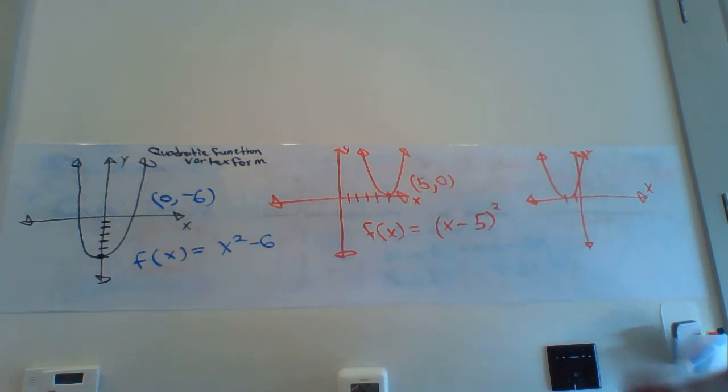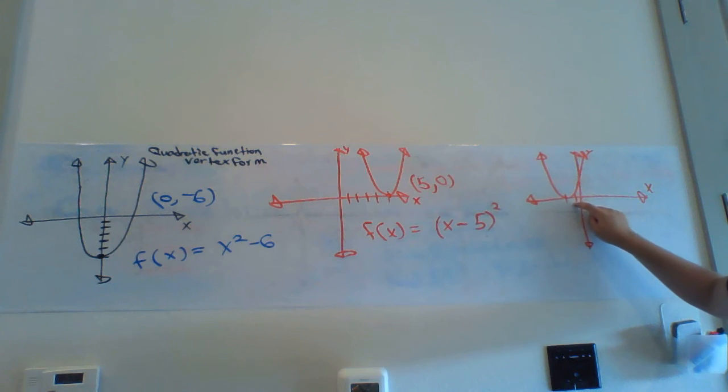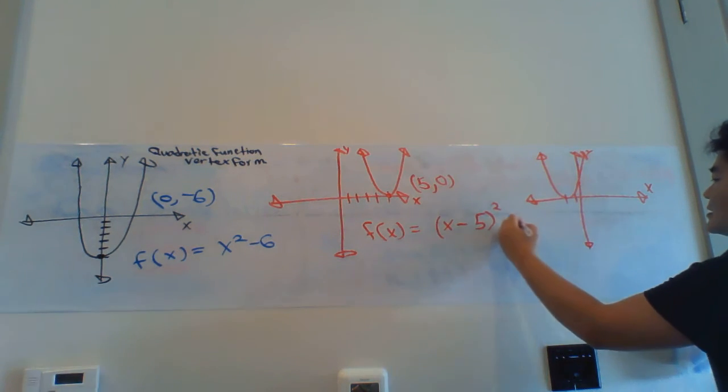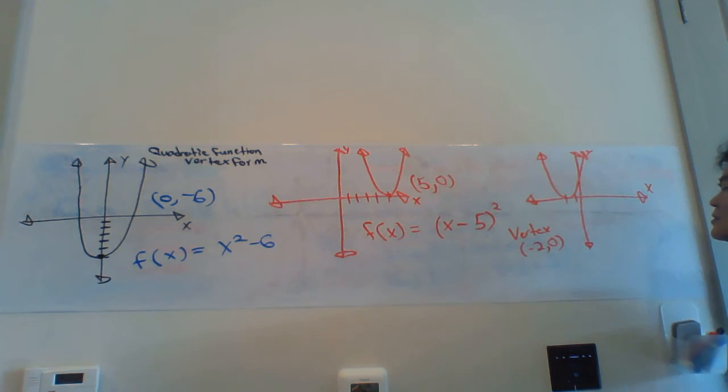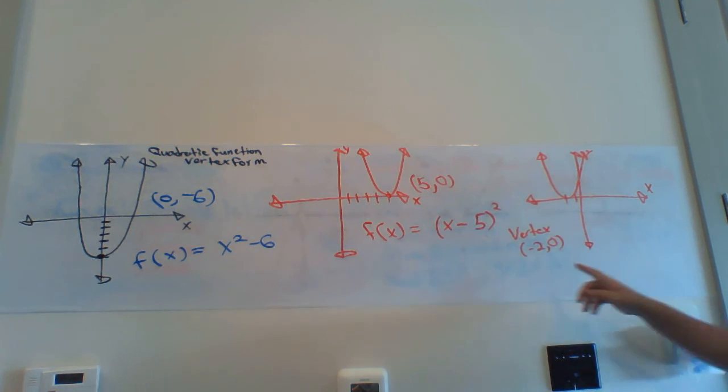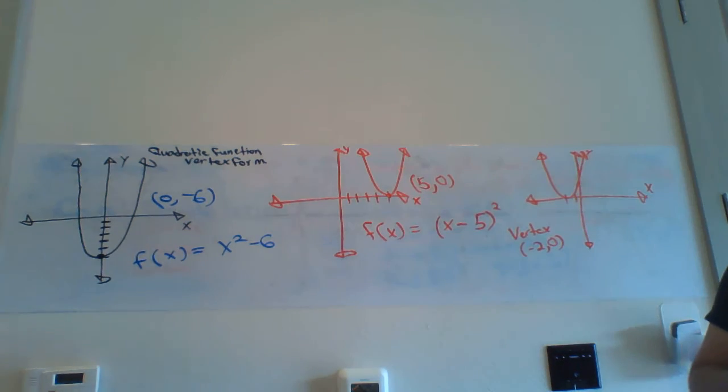So, since I moved this to the left 2, that means my vertex has to have the coordinates -2, 0. That's not bad.